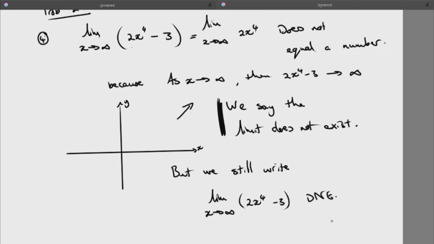But I can say a little bit more. I know a little bit more about how the y value behaves, in that it's going up. It's increasing in a positive way. So we say equals positive infinity, but let me be extremely clear, that in no way means that the limit exists. It's just trying to give as much information as we have.